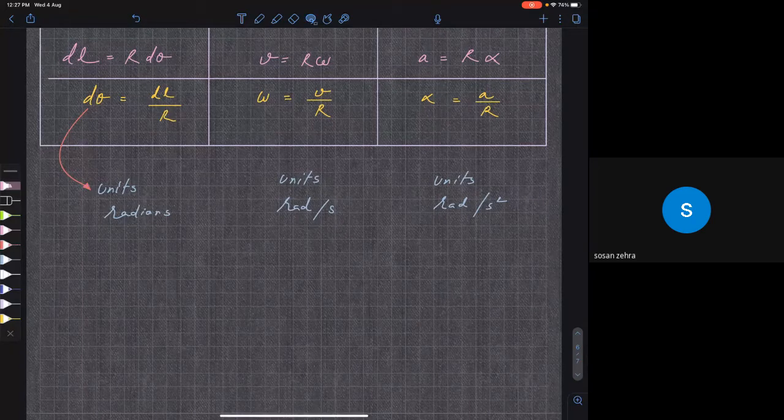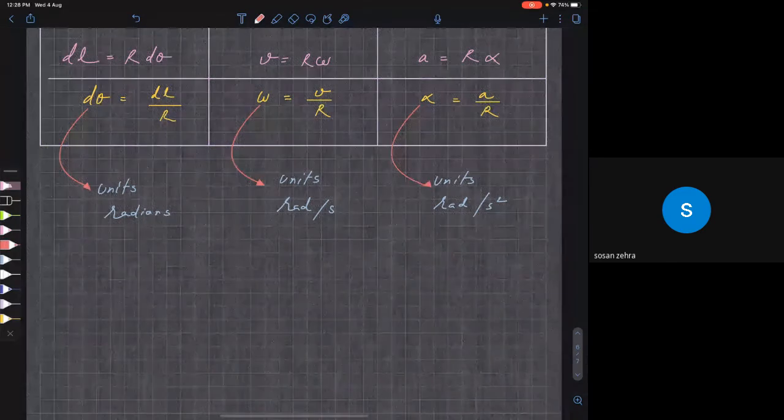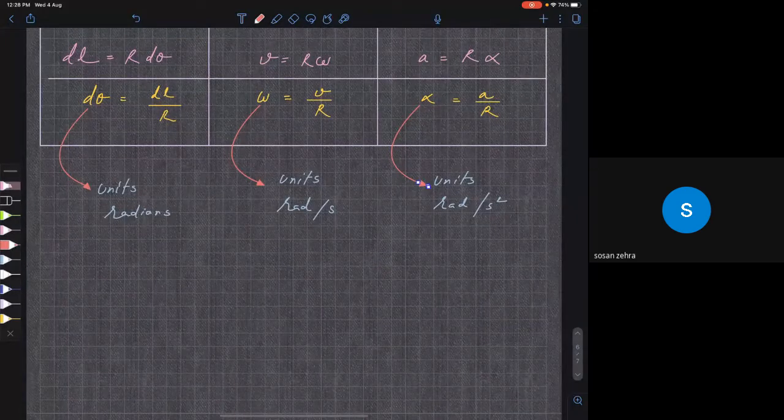Are you getting my point? Its unit is radian but it is actually dimensionless, it has no unit. If you see, dl is in meters and r is also in meters, so meter by meter is dimensionless. This is meter per second, meter cancels and it will be just per second. This will be meter per second square, meter cancels, and it will be just per second square. That's all. Radian is a dimensionless thing.